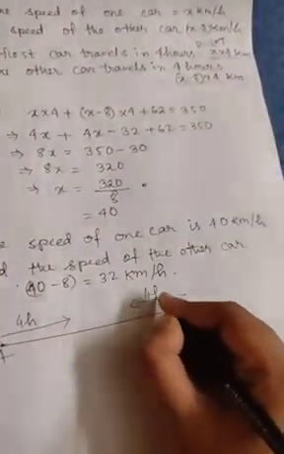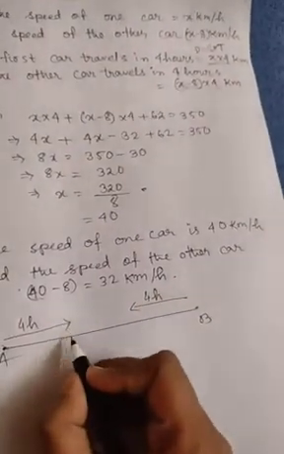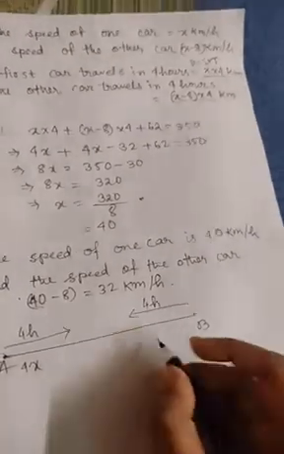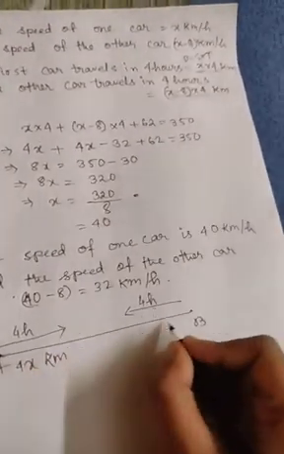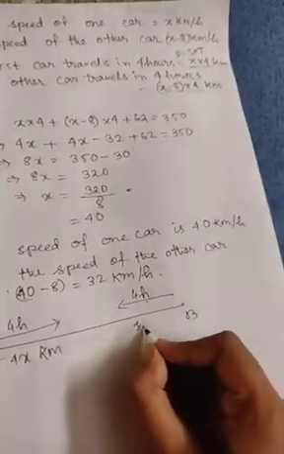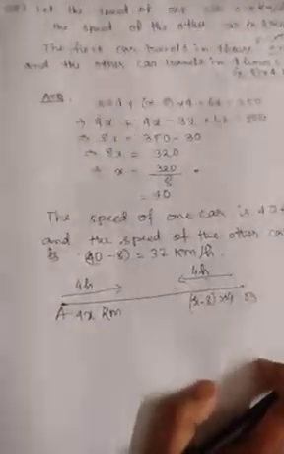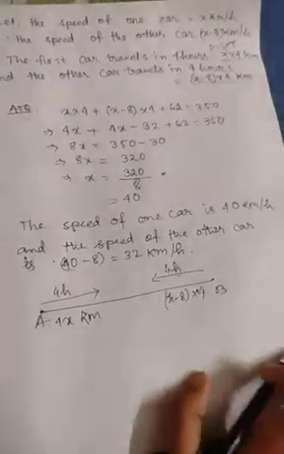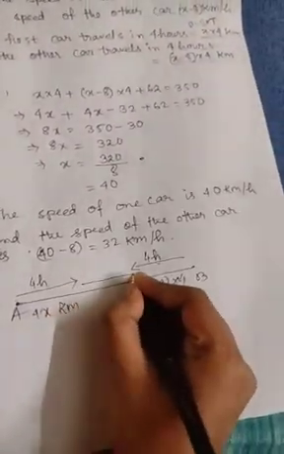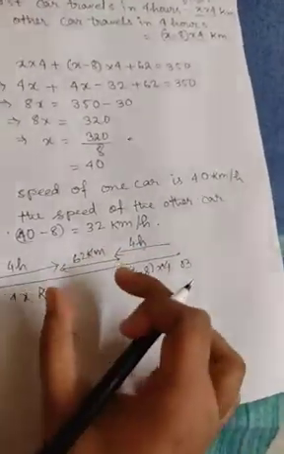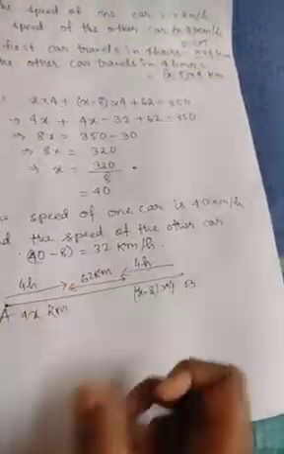After traveling, the first car has traveled 4x kilometer, and the second car has traveled x minus 8 into 4 kilometer. And after traveling for 4 hours, they are 62 kilometer apart from each other. So this distance is 62 kilometer, because it is given.